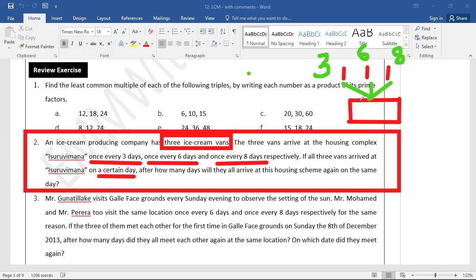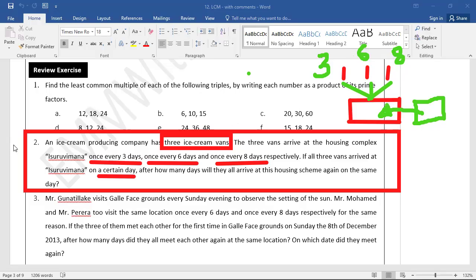On a future day, all of these 3 vans will arrive at Vizuruvimana on a certain day. We are going to find that certain day. What is that day?